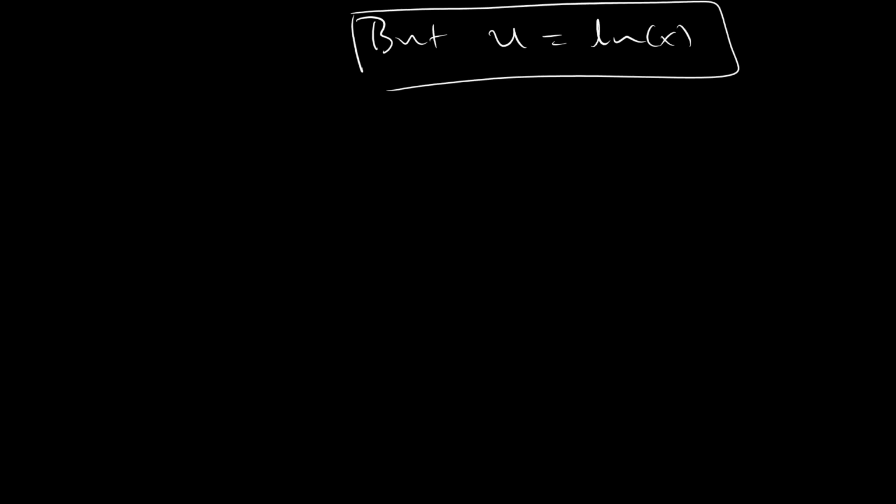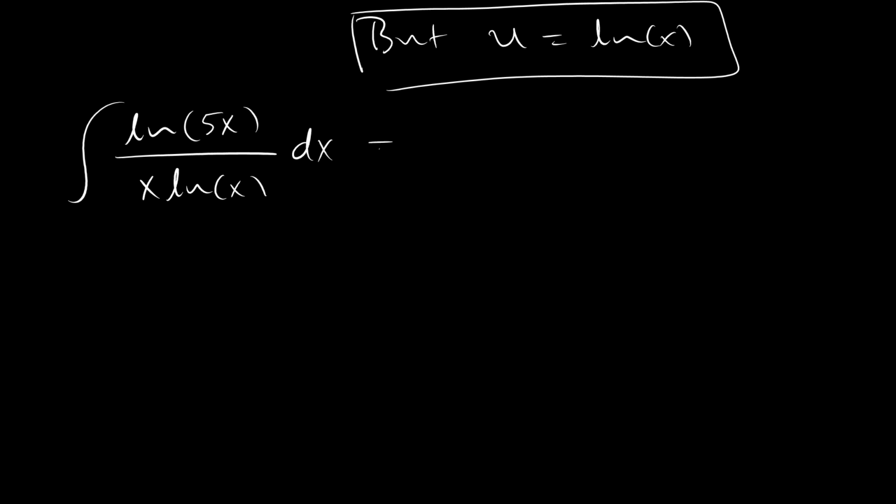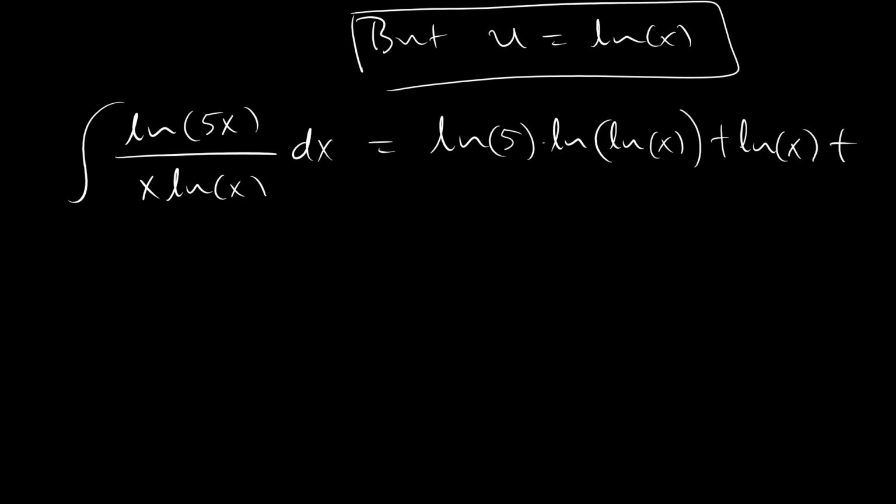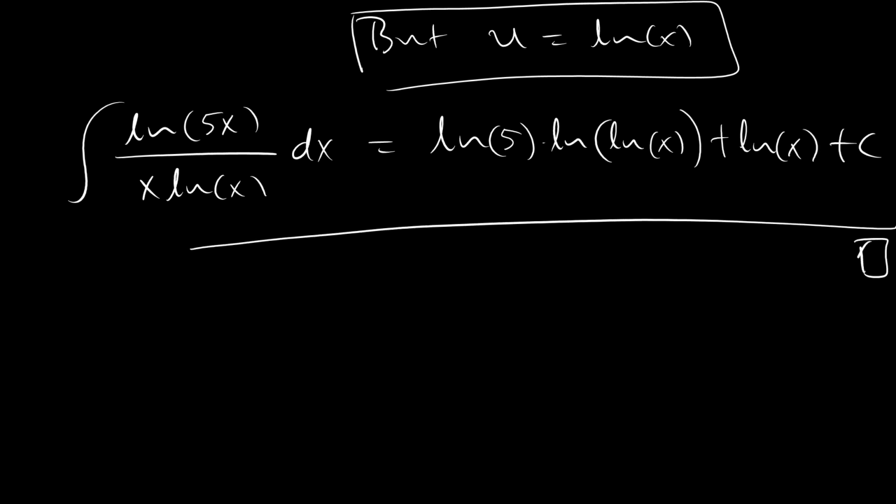So this is the substitution that we did. That implies that our answer now becomes natural logarithm of 5 times natural logarithm of x plus natural logarithm of x plus c, the integration constant. And that happens to be our answer.